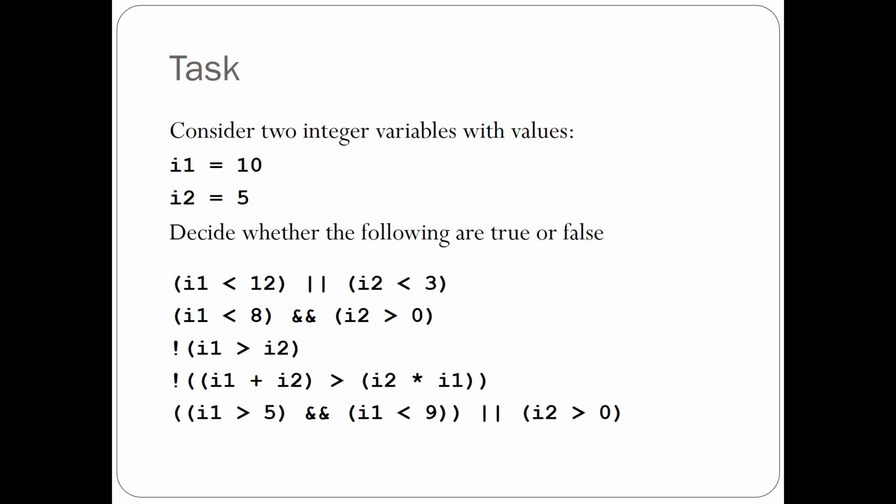So what I need you to do is transpose the values of these variables, 10 and 5, into these, and then ultimately decide whether the final outputs of these compound decisions will produce either a true or a false. Just pause the video, take a few minutes, have a go at those, and then we'll go through the answers.